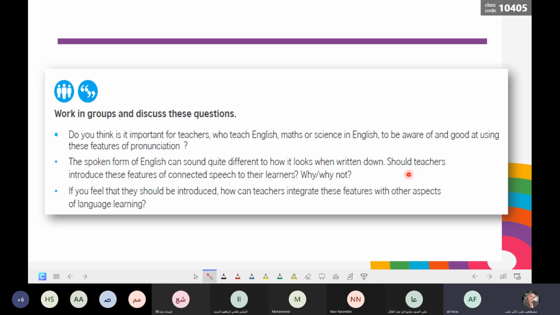Because while speaking, we use all these techniques we have mentioned earlier. For example, we use elision and we use assimilation. The question is, do you agree with the idea of introducing the features of connected speech to young learners? Should we teach them, introduce these features to learners? I mean, all learners.